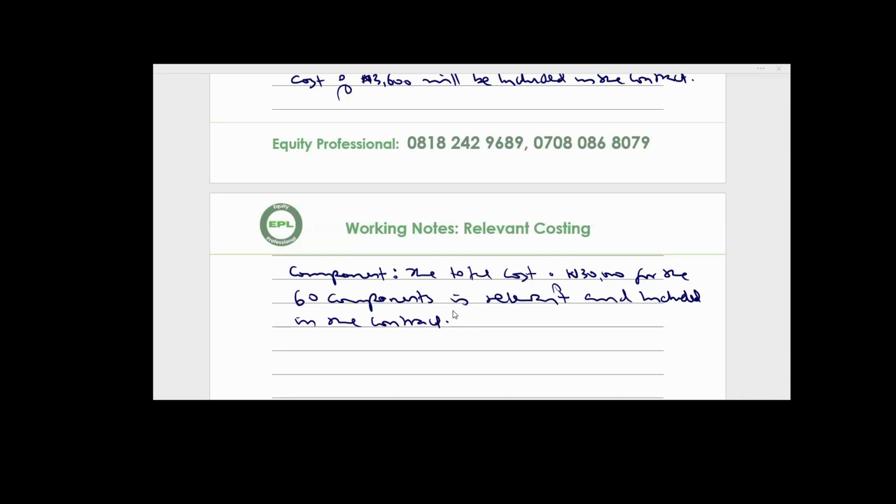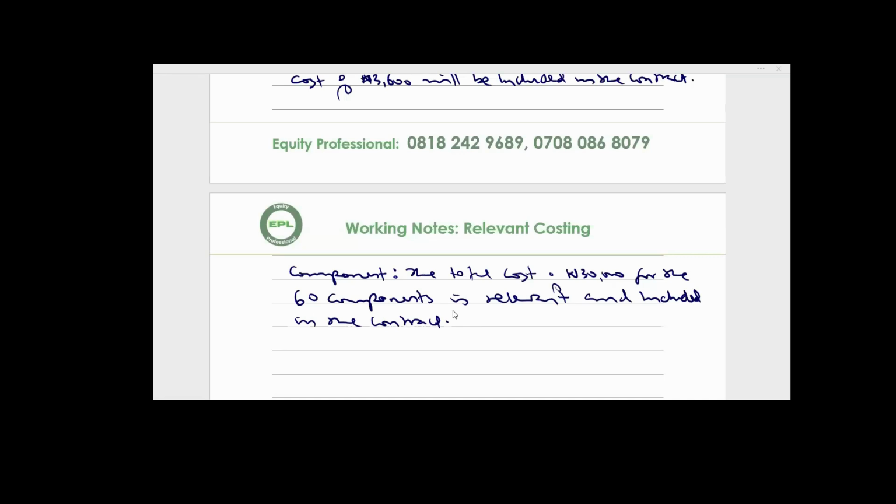So in this case, these employees are on contracts at 110 naira per hour, and they are on collective agreements. Whether you execute the order or not, you are going to pay them.